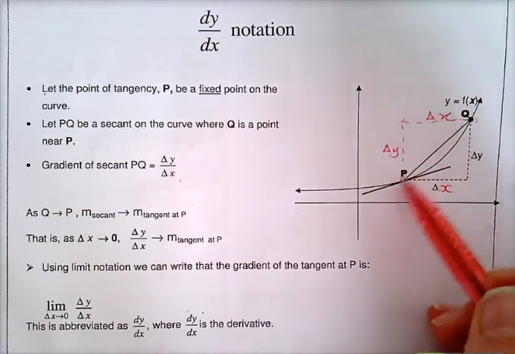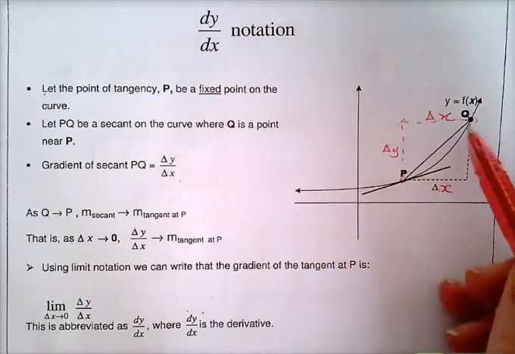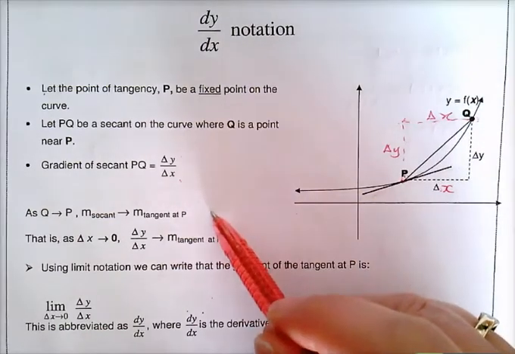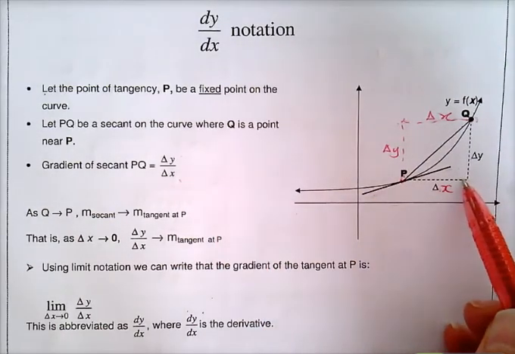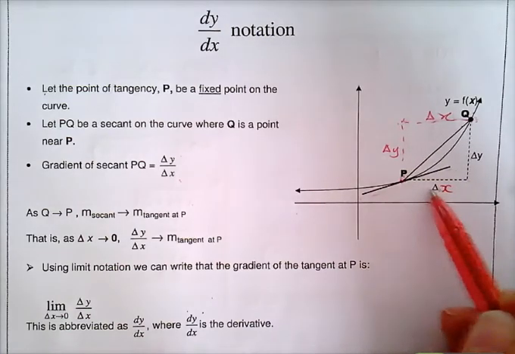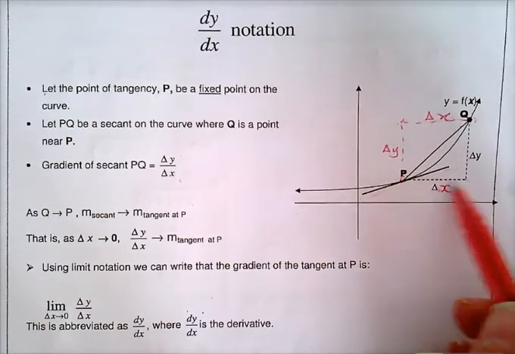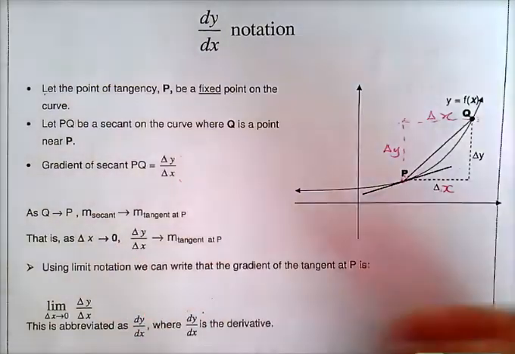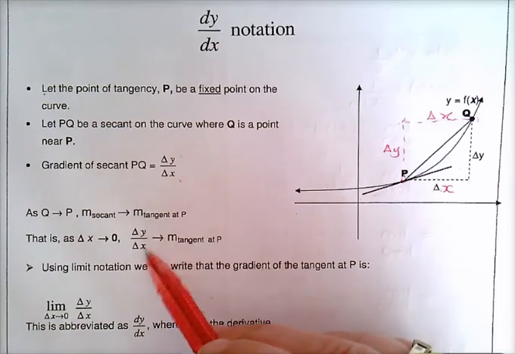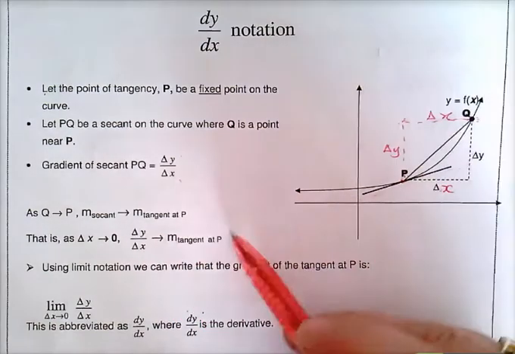Now, as Q approaches P, the gradient of the secant PQ approaches the gradient of the tangent at P. In other words, as this delta x approaches 0 and gets smaller and smaller, then the gradient, which is delta y over delta x, will approach the gradient of the tangent.